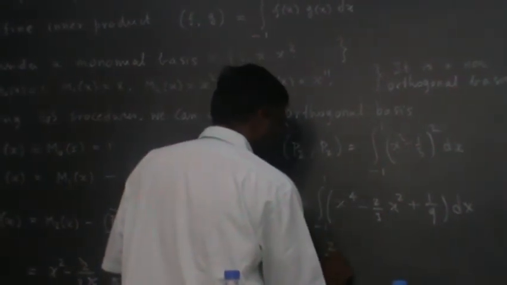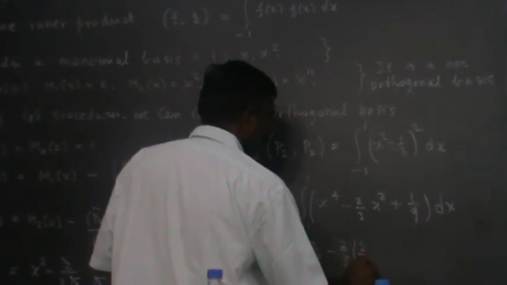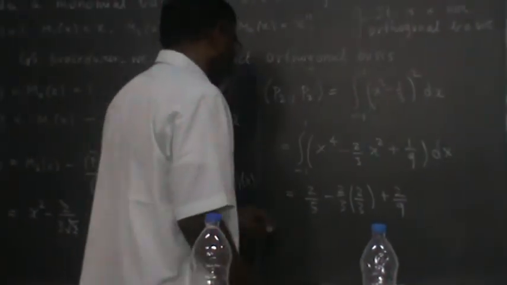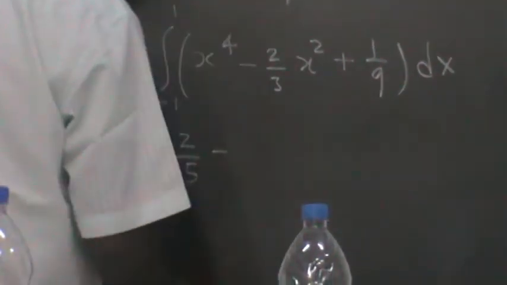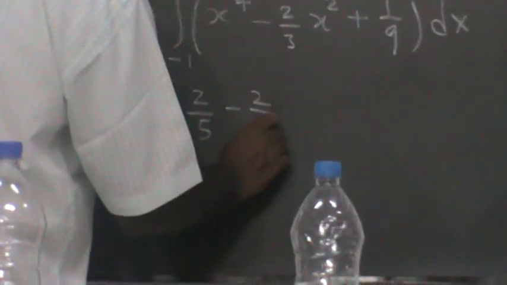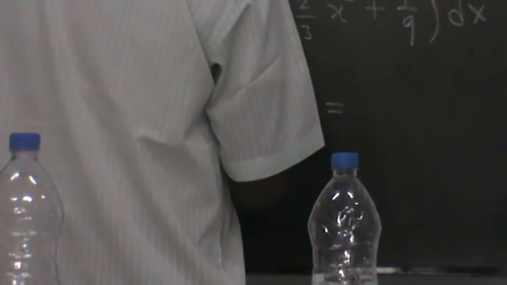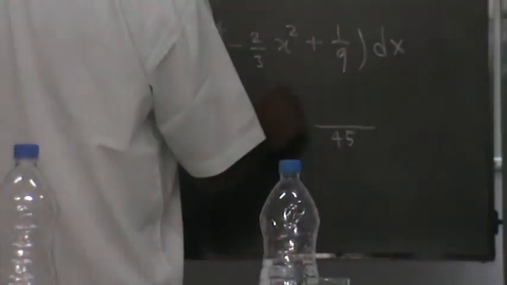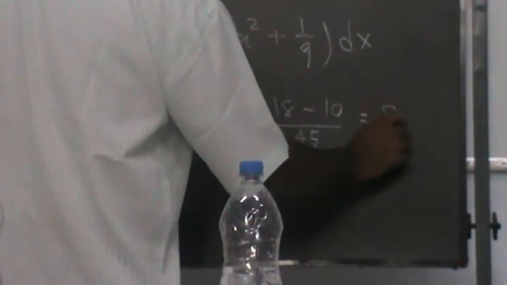So 2 by 5 minus 2 by 3 into 2 by 3 plus 2 by 9. So this is minus 4 by 9, and minus 4 by 9 plus 2 by 9 is minus 2 by 9. So I will have 2 by 5 minus 2 by 9, which is 18 minus 10 over 45, so that is equal to 8 by 45.